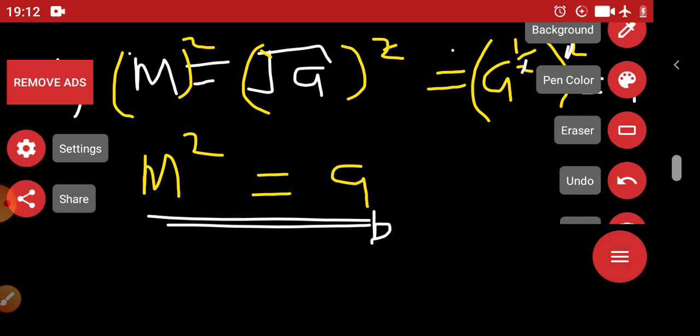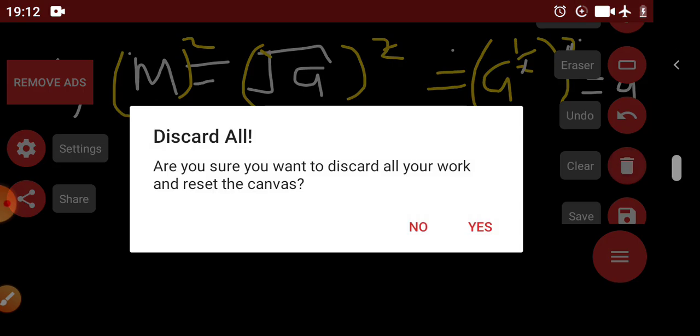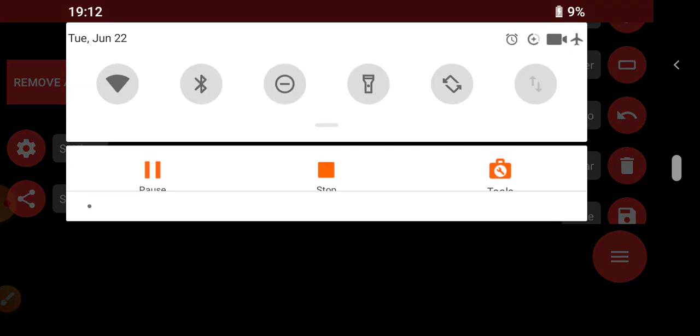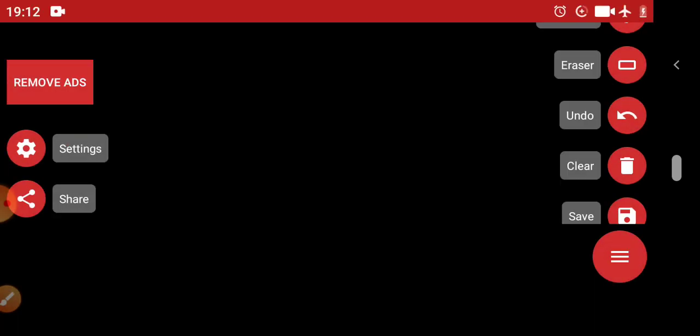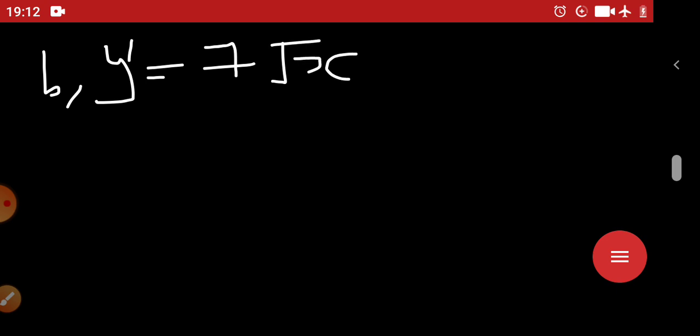So let's do another problem. So in b, okay, maybe it's 2b. So we have y is equal to 7 square root of x. Here we are required to make x the subject of the formula.